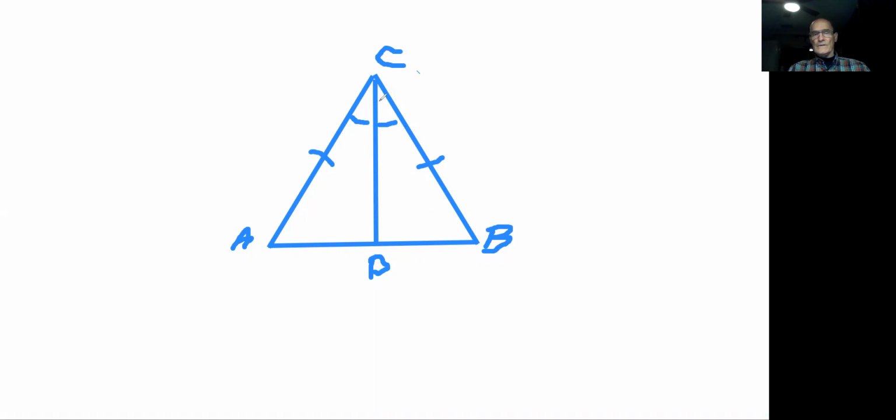And then we can prove that triangle ACD is congruent to triangle BCD.